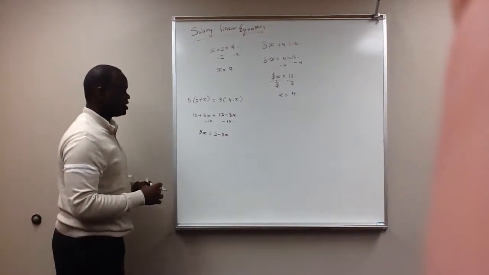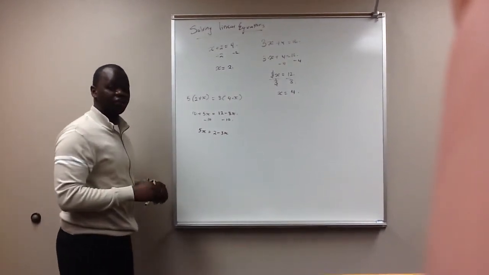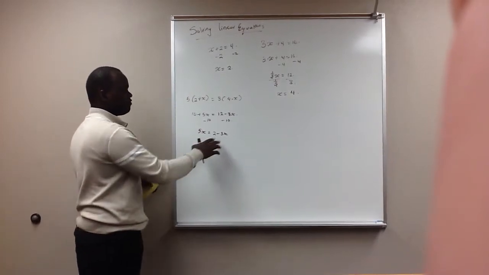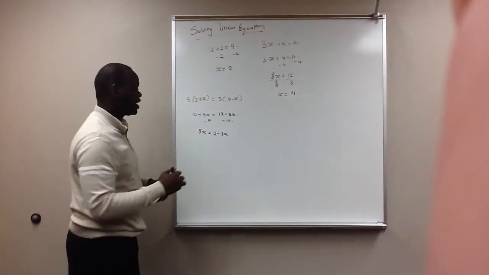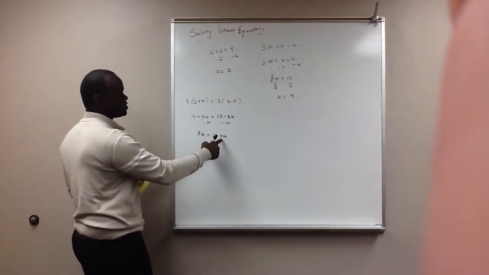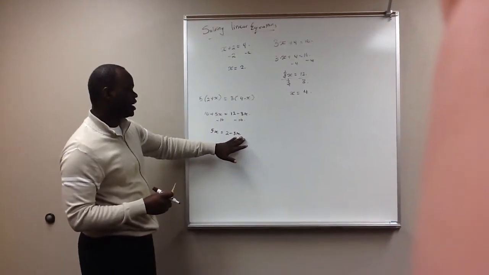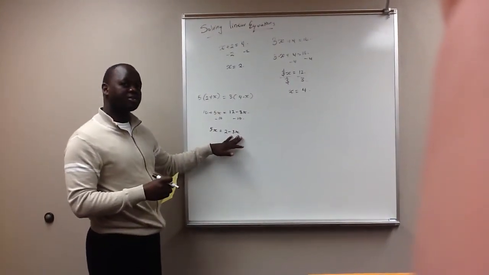So after that, we are already taking care of the constants. Now we can take care of the variable x, or the factor of the variable x. Since this is a minus 3x, the only way we can get rid of this 3x is by adding another 3x on it.